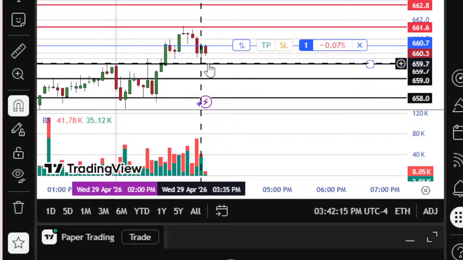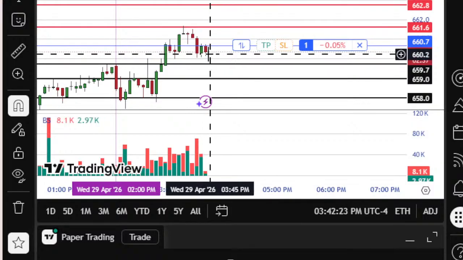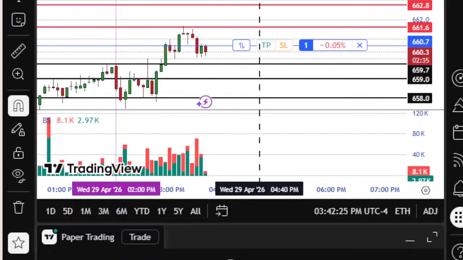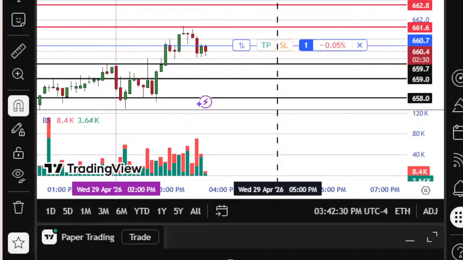But let's say it's a support line to make it more simple. Let's say it does act as a support and price pushes all the way up here by 4 o'clock. You would exit in profit. But tell me, was that a random decision to enter and exit? Or was it actually a consistent thing that you could do as a repeatable system? That was absolutely random. And I just told you that you cannot get consistent results doing random actions.